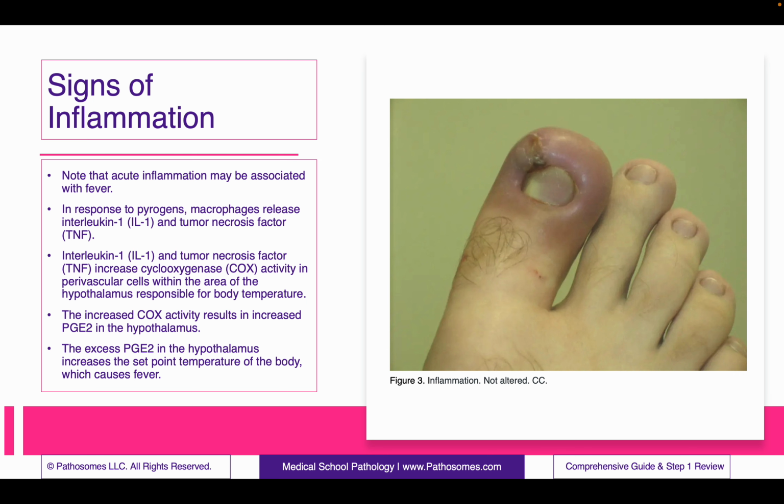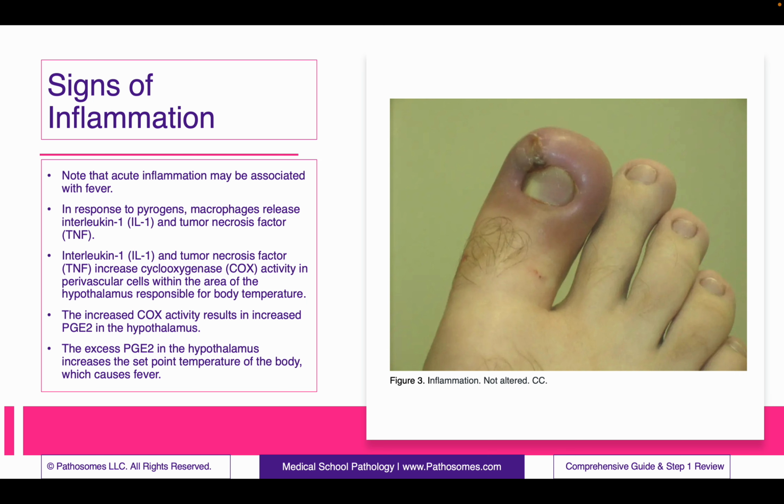Note that acute inflammation may be associated with fever. In response to pyrogens, macrophages release interleukin-1 and tumor necrosis factor, TNF. Interleukin-1 and tumor necrosis factor increase cyclooxygenase activity in perivascular cells within the area of the hypothalamus responsible for body temperature.